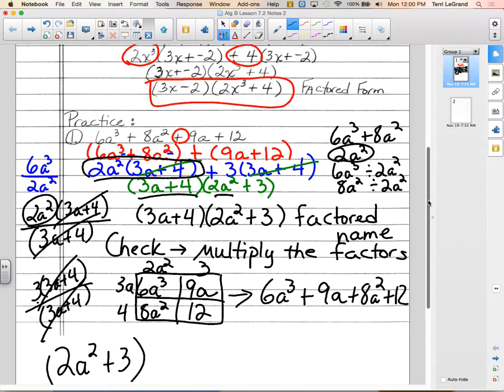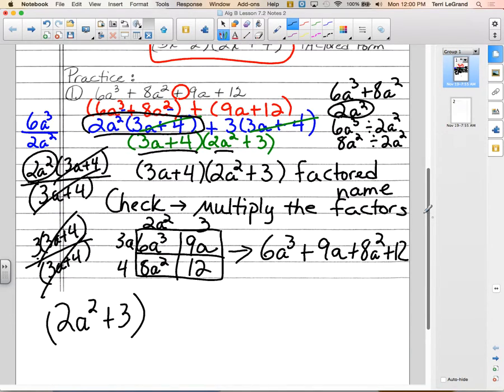And I see if it looks like this one, except this isn't in standard form, so these two would trade places, and then it would look just like it. So the result, the product, gets me back to the polynomial we started with.